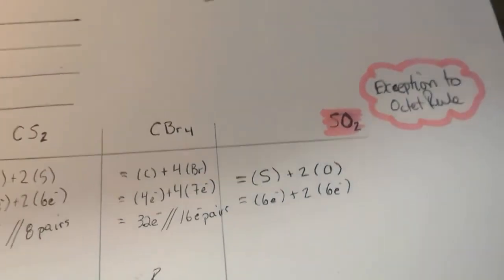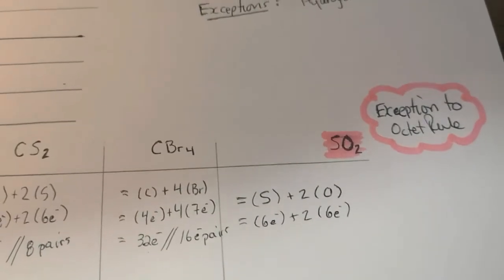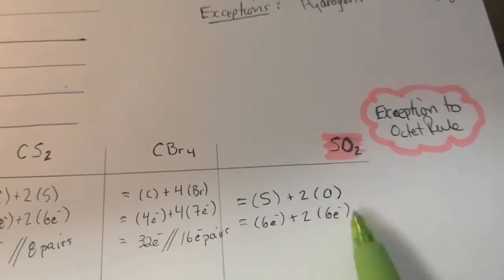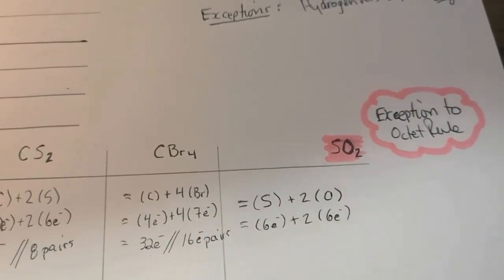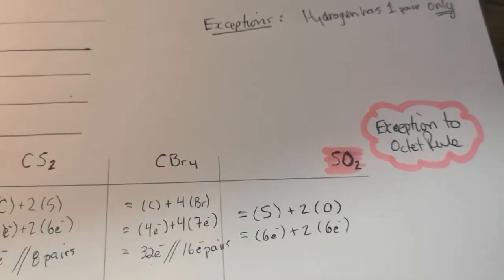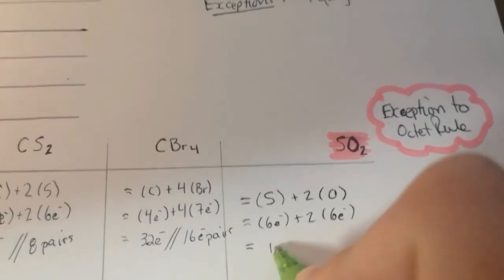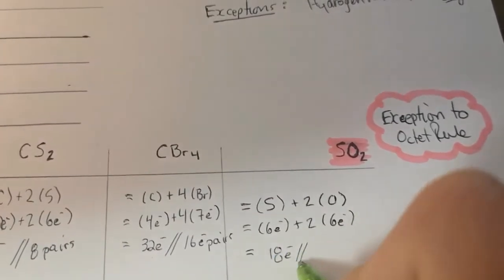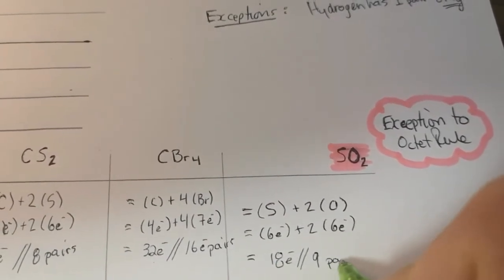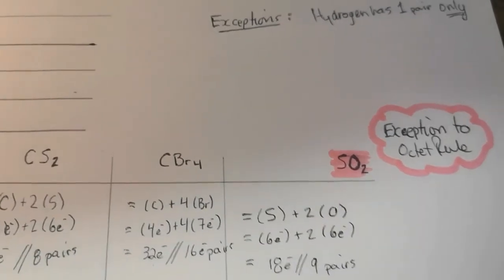So recall from our electron configuration topic and our shortcuts on the periodic table that these are easily inferred from our periodic table's group number. Both elements are in group 6A and have 6 valence electrons, bringing our grand total to 18 electrons, or 9 pairs.